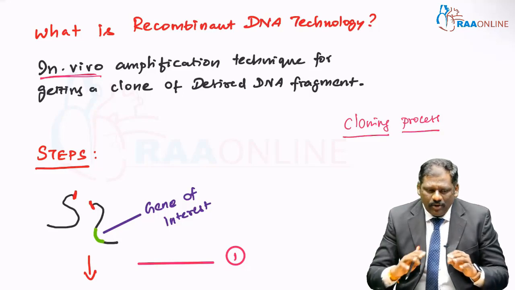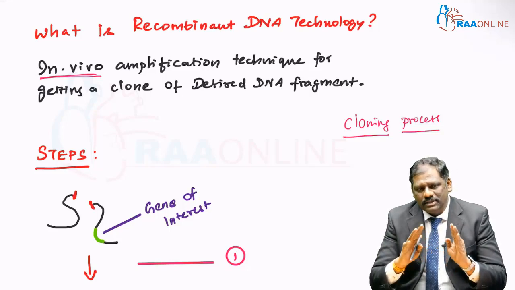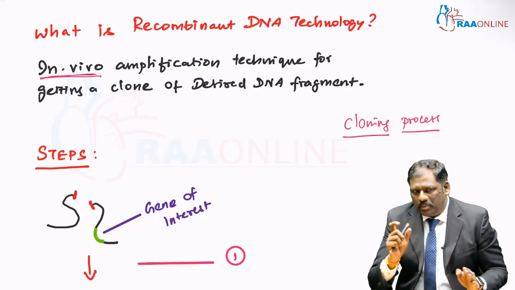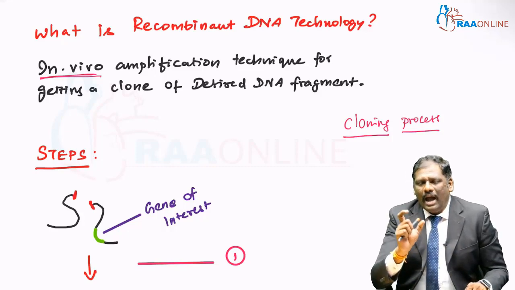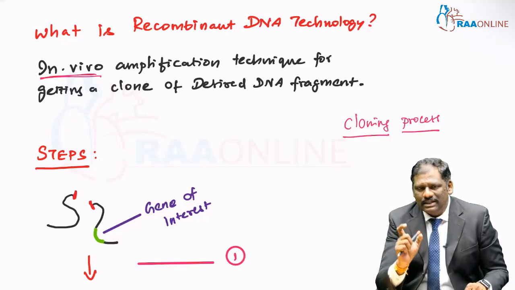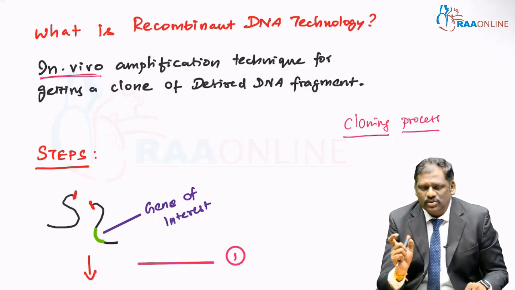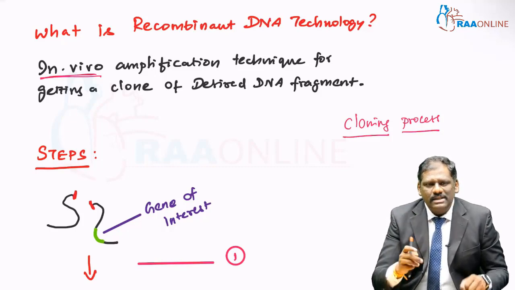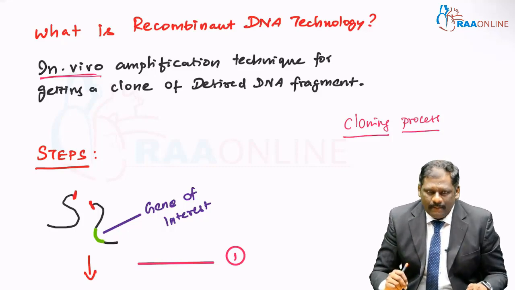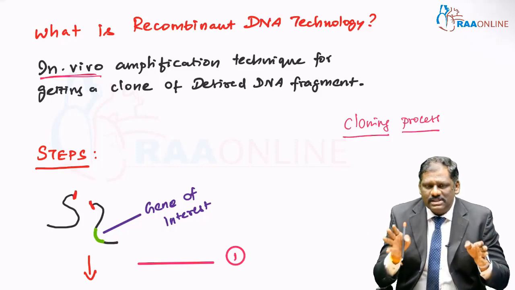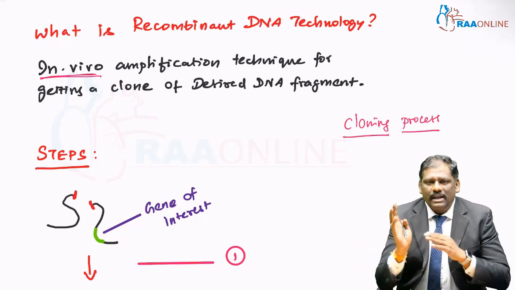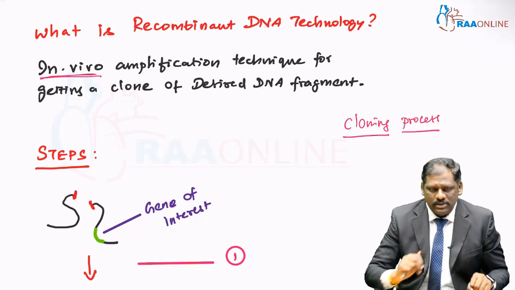You have made some kind of manipulation in that genome and you want to amplify or clone that desired DNA fragment which is of your interest. So this is carried out in a cell based manner, in a bacterial cell, for example E. coli. If this is carried out in a cell based manner, this technique is called recombinant DNA technology.